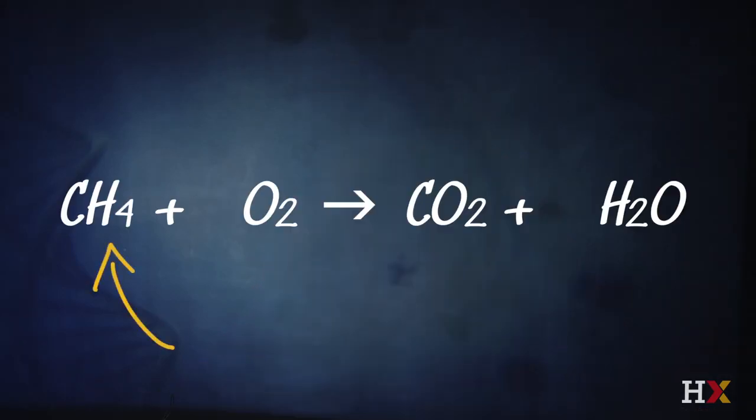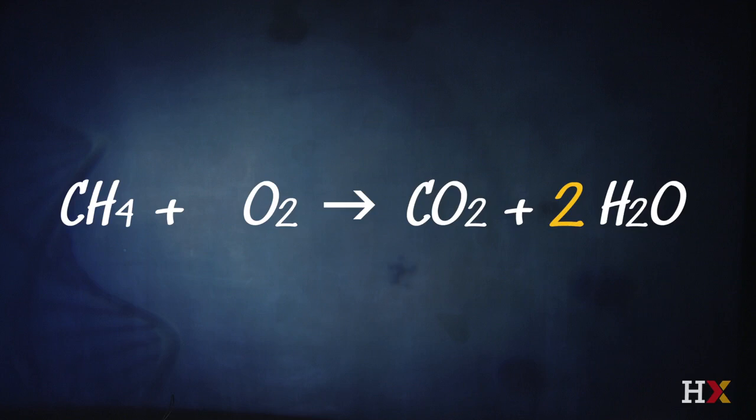We've got 1 each on the left and the right-hand side. But now we have to balance the hydrogens. And when we look at this particular representation, we recognize the 4 hydrogens on the left-hand side and the 2 on the right-hand side. So if we multiply water on the right-hand side by the stoichiometric coefficient of 2, we've now balanced the hydrogen atoms. So we've now balanced hydrogen and carbon.